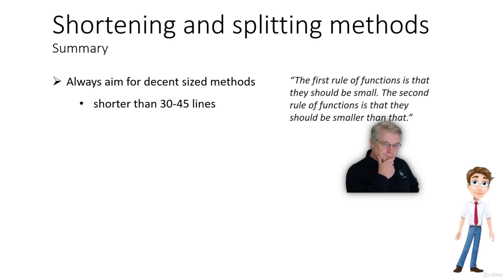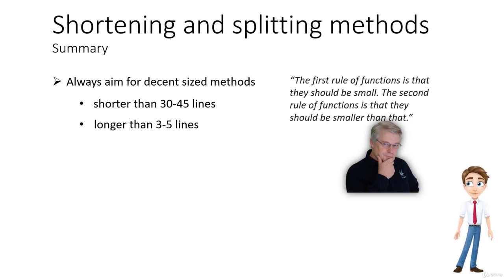As I said, Robert C. Martin said that functions, or methods in our case, should be small, smaller than small. Don't worry, that's not me, that's him. So they should be shorter than huge Goliath methods. We want to avoid godlike methods and classes, and we want them to be longer than 3 lines maybe. We just don't want redundant methods. They need to do something.